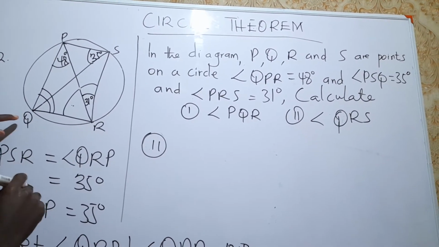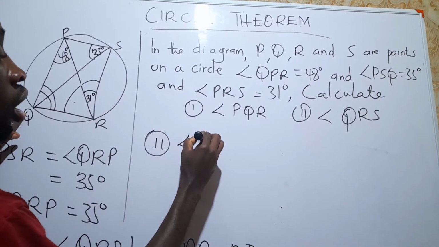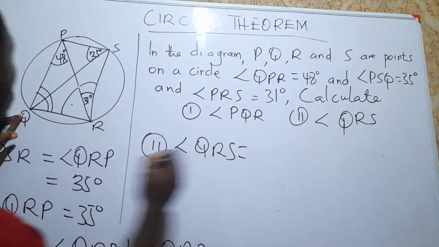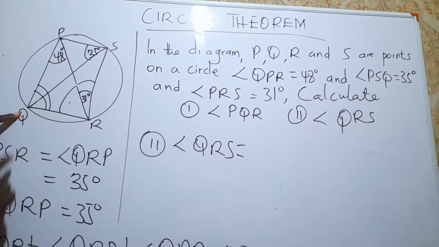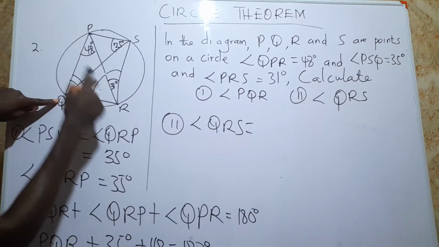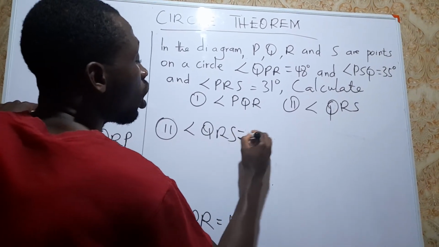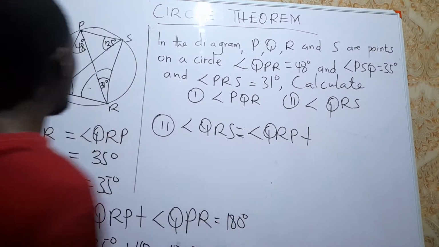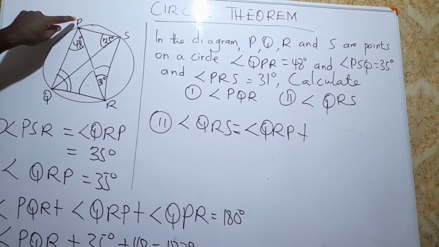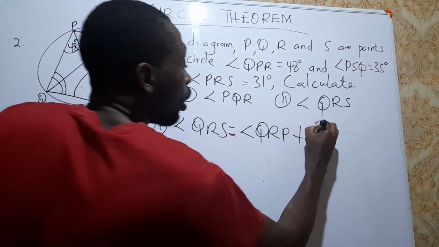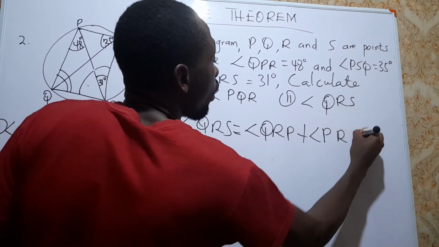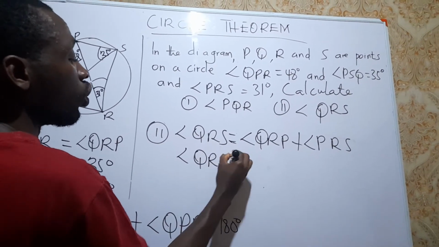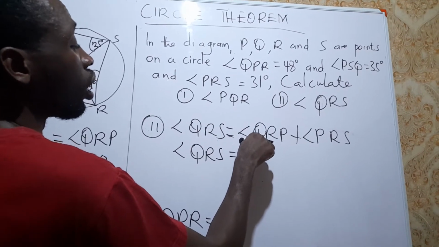We can say our angle QRS, that's the whole of this angle, will be equal to the angle here, QRP, plus angle PRS.